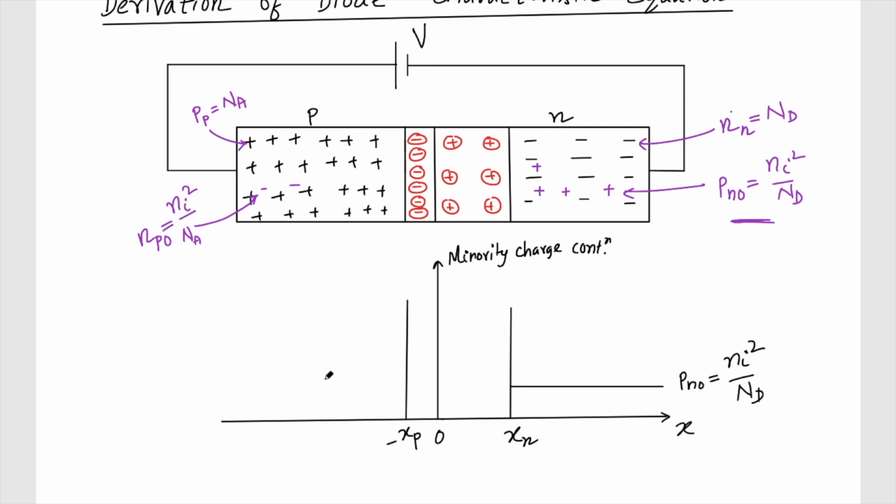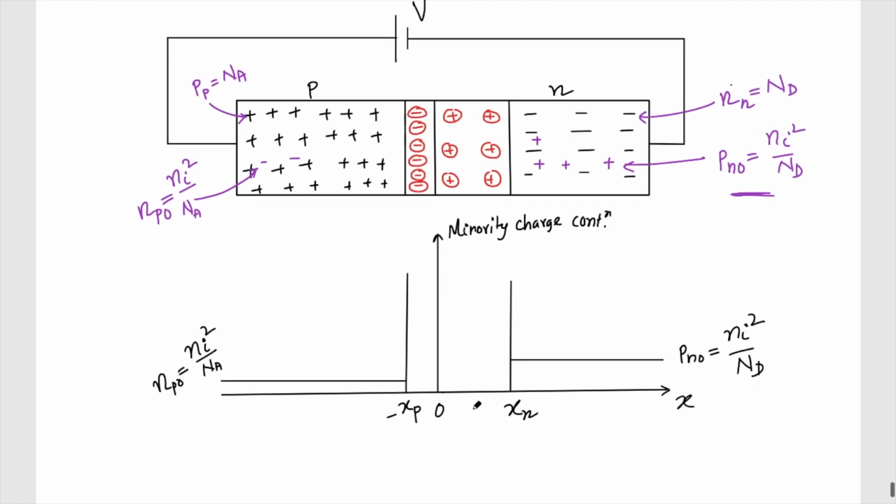In this case it will be smaller, because we know that Na is greater than Nd, so the minority charge carrier concentration is smaller. So this was the level when there was no forward bias voltage applied.